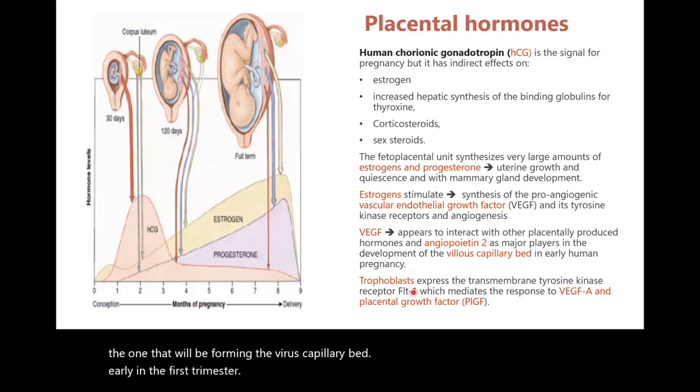The trophoblasts are going to express a receptor that's called FLT1 that will mediate the response of the VEGF-A and the placental growth factor.